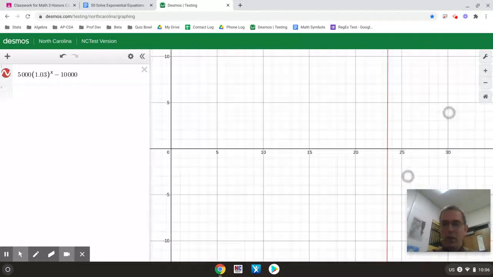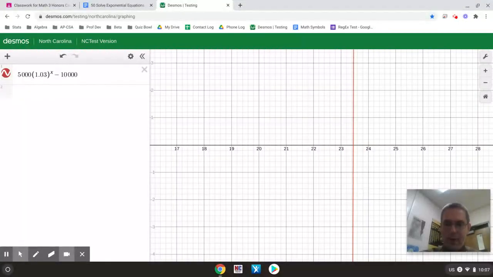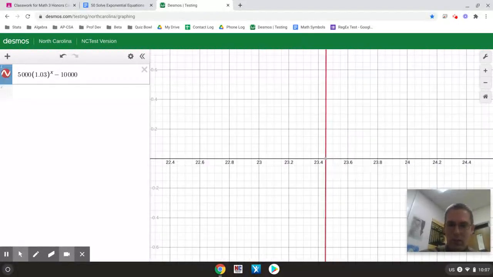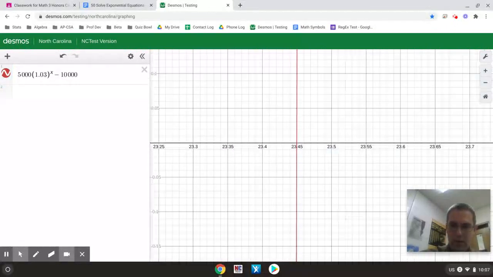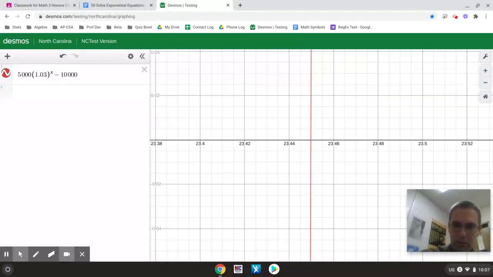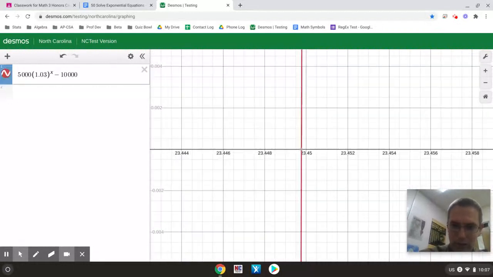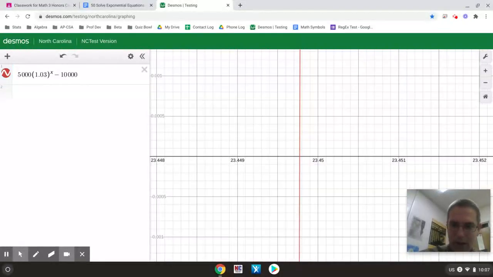So what you're going to do is you're going to zoom in a little bit and then try the 0 again. And keep zooming in until it gives you a few more decimal places. So it's kind of the obnoxious part of Desmos is making it give you more decimal places. Wow.